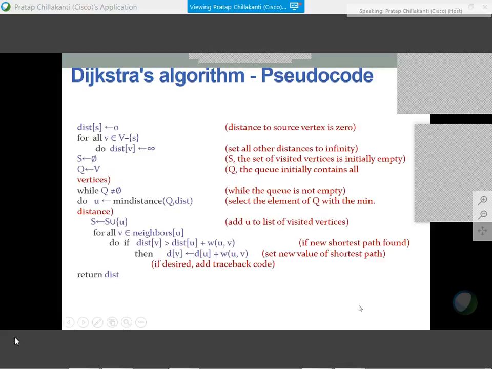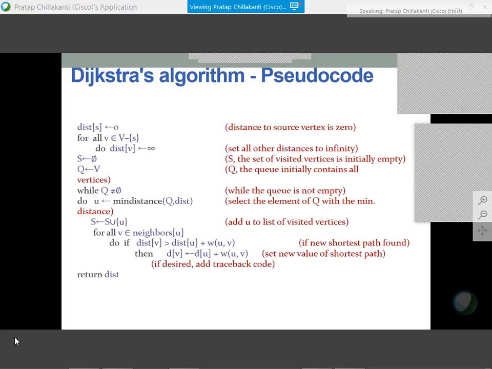How does the algorithm work? Here is the pseudocode for that. Okay. I'm not explaining that. I'm just showing that to you. On the left, you see the pseudocode. On the right, you see the explanation. Everyone gets it? Very straightforward, right? You can see distance to S, where S means source, and for all the vertices in V minus S, right?